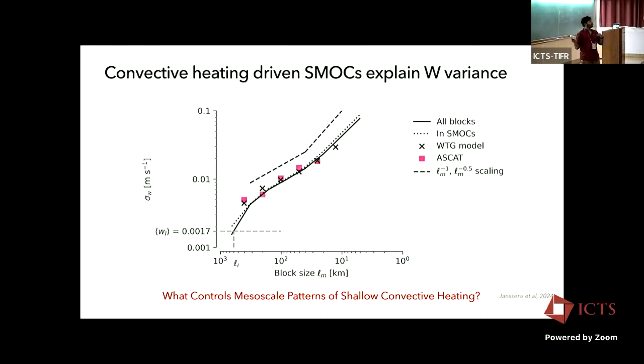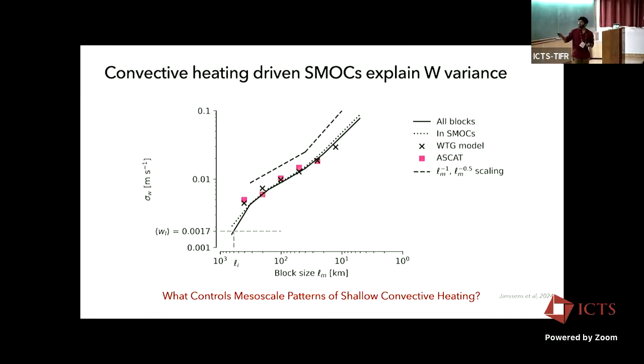And like I had said, we can also get an estimate of this cloud-based vertical velocity from satellites. If we plot that on there too, the scaling stays the same until you have larger scale influences coming in, where larger scale circulations also probably play a role. And that vertical velocity variance cannot be explained by this WTG.